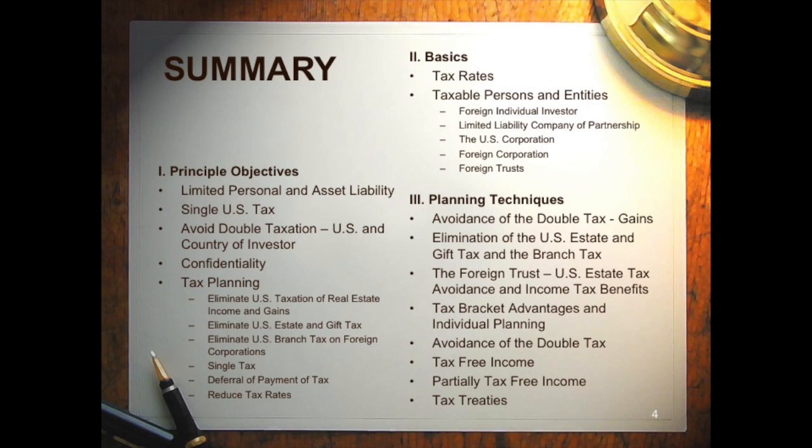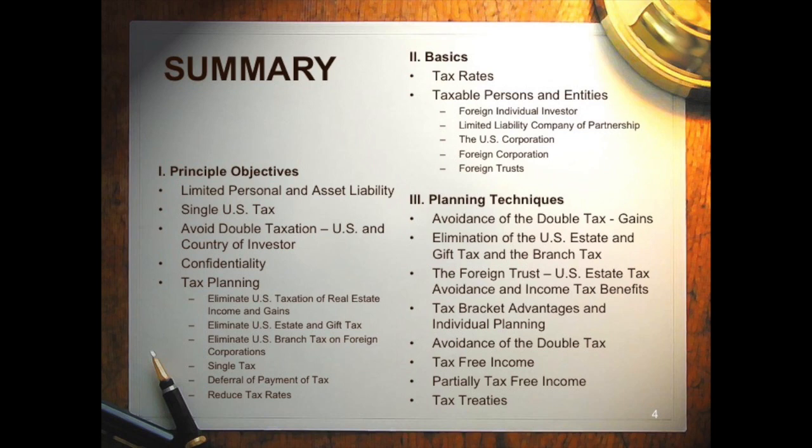We looked at tax planning techniques, how to eliminate the U.S. taxation of real estate income and gains by liquidating corporations. Once a single corporate tax has been paid, there is no tax on a distribution to foreign owners of those companies if it's done right. We can eliminate the U.S. estate and gift tax, which could be frightfully expensive since there is only a very small exclusion for real estate left in individuals' names who may pass away, or gifts that may lead to taxation.